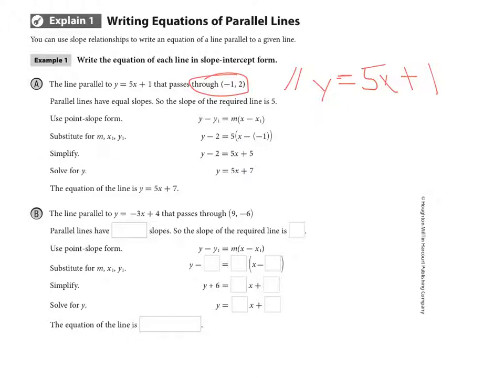So I know if it's parallel to this line, it gives me my slope. So I'm going to use point slope form because I have a point and I have slope.